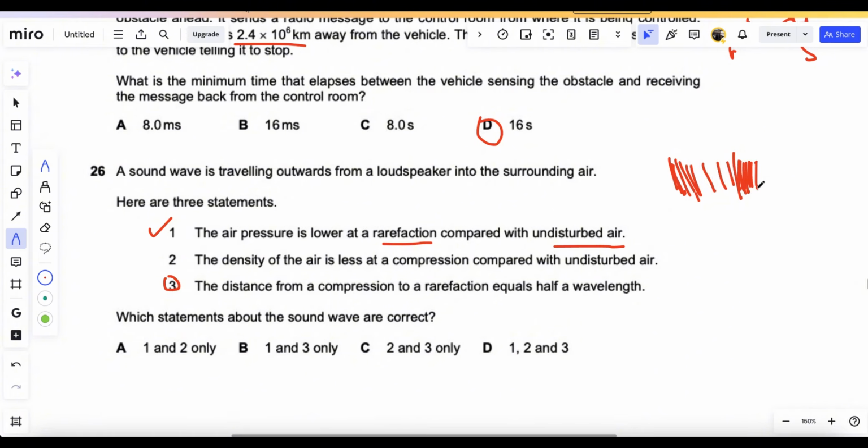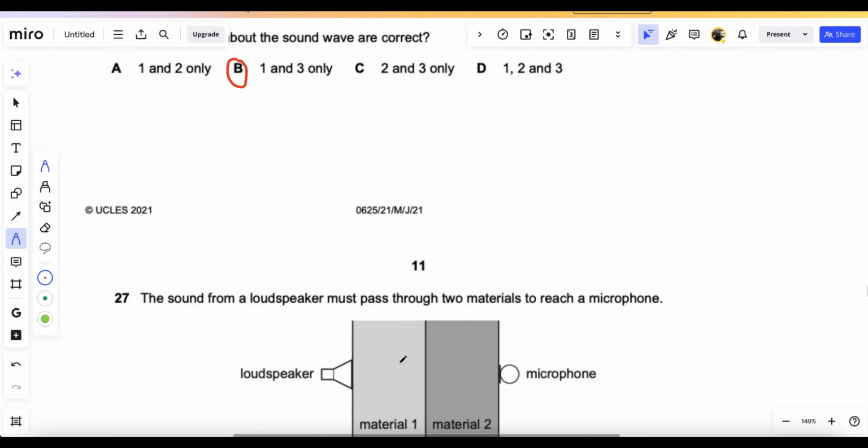So, to save time, the distance from a compression to a rarefaction equals half a wavelength. From a compression, the distance from here to rarefaction is half of the wavelength. So 3 is correct. So we have 1 and 3 both correct. So we move on to the next question.